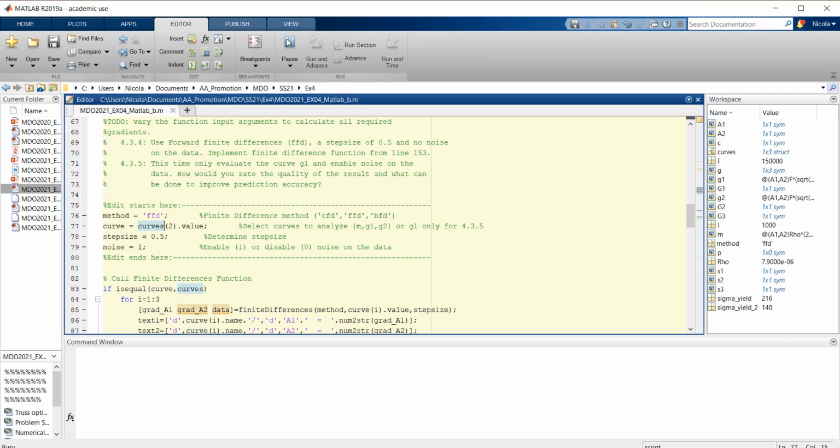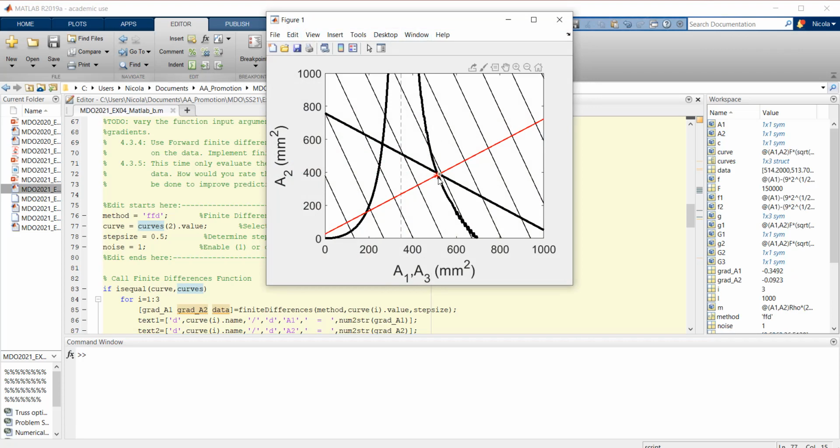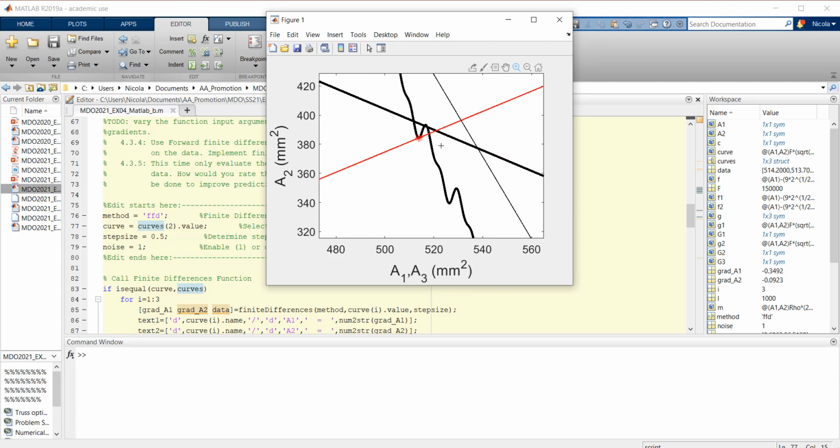Curves. Okay, so now this is our approximate gradient. And we see that it's supposed to be a gradient for this function at this point. So it's really, really wrong. Why does this happen? If we zoom in a little bit, we got some noise.